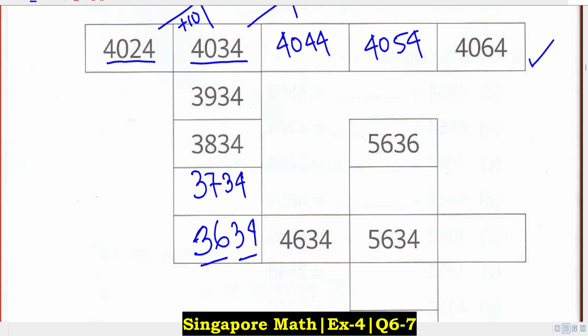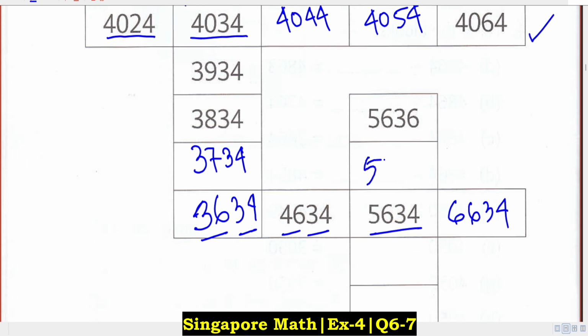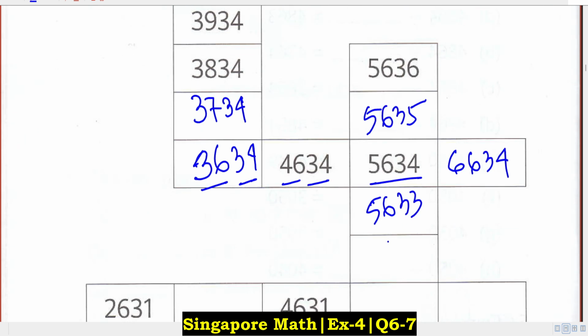So 3634, 4634, 5634. So we can say 6634, right? So here is 5635, 5634, 5633, and here is 5632.